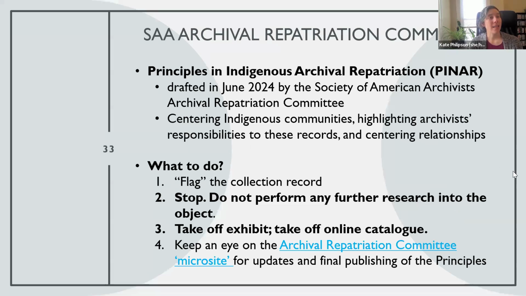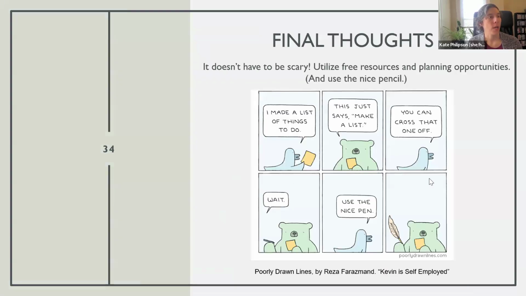And then thinking about not NAGPRA, but archival repatriation of Indigenous collections that you might stumble across or find in your collection, and thinking about a different approach to these materials and perhaps returning them to the Indigenous nations and folks who they originated with is important.